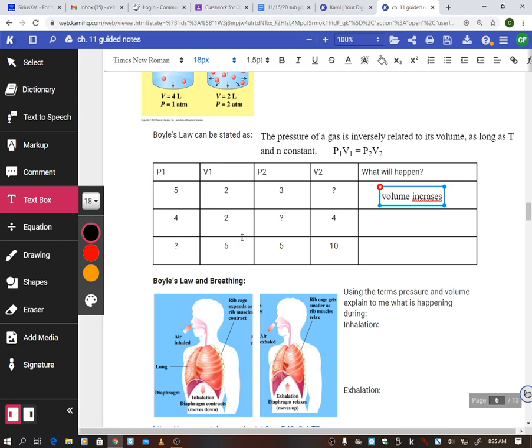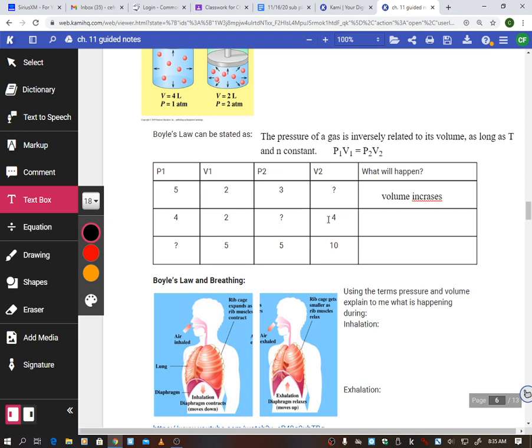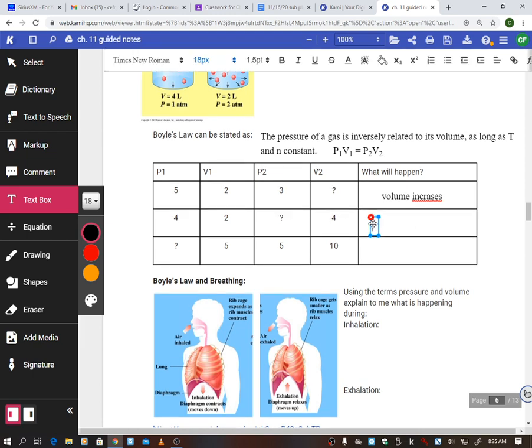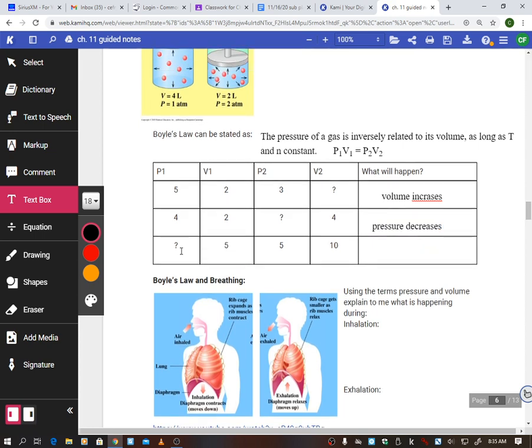Now on this second one, I've got both of my volumes, and I can see that my volume has increased, which means my pressure is going to decrease. And then finally on the last one, I have both of my volumes here. I need to figure out what my pressure was.